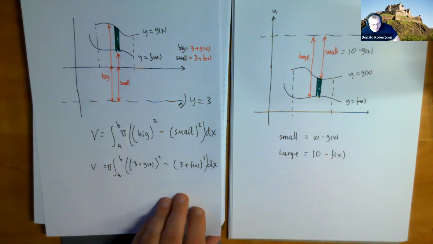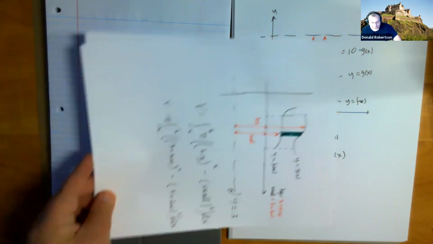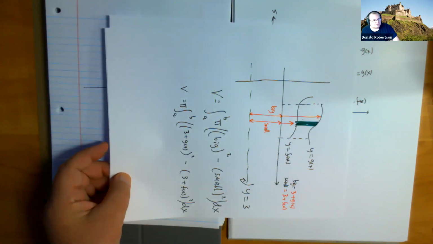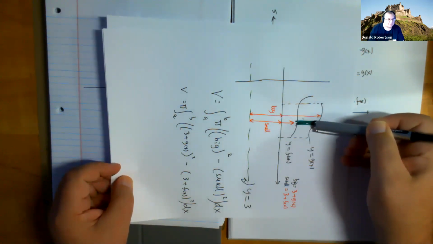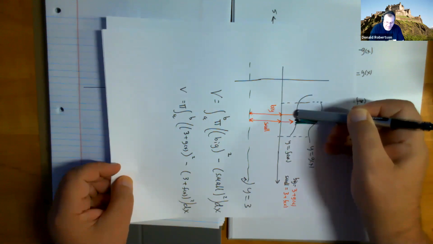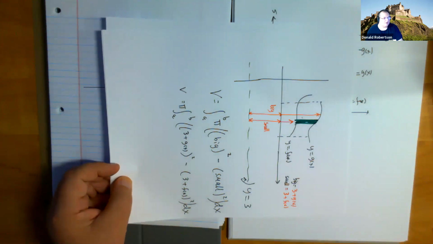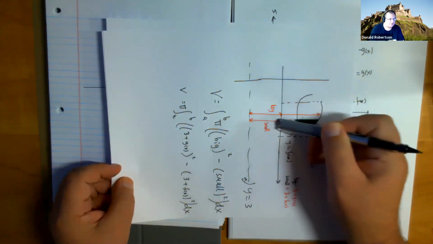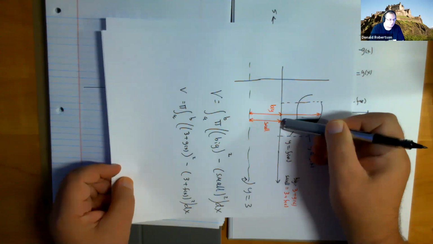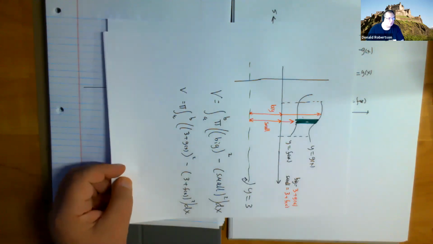So how do you do y? Can you just imagine the shape's turned on its side? Can you see then that the furthest one is going to be your big and the shorter one is going to be your small? The one that's furthest to the right is your big, and the one that's not is your small.